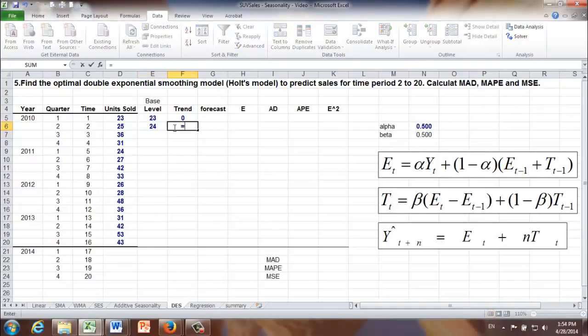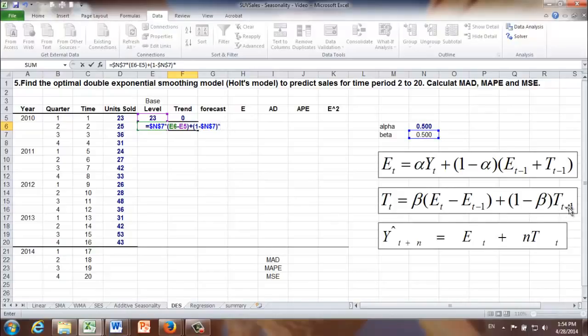To calculate the trend, let's use the second formula over here. The trend of time period 2, or T2, is going to be equal to beta, absolute reference, times E2 minus E1, because t is equal to 2. E2, the number we got a second ago, minus E1, plus 1 minus beta times T_{t-1}.